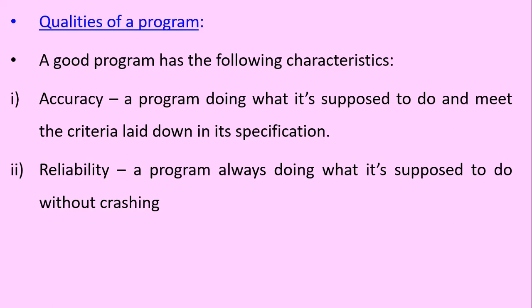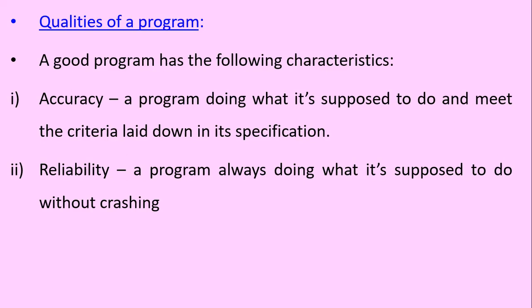The main difference, my dear students and the rest of the learners, between accuracy and reliability is that when we speak about accuracy, we are simply saying that the developed program should be able to meet the criteria that it was intended to meet.